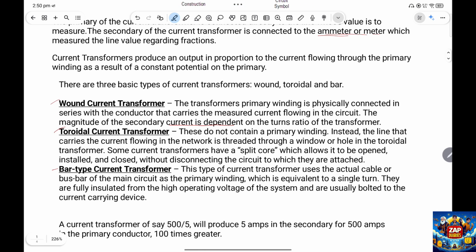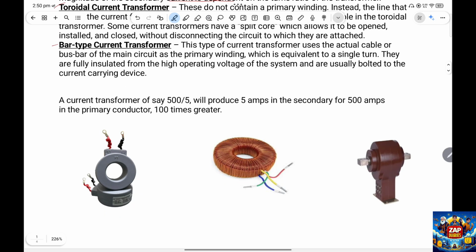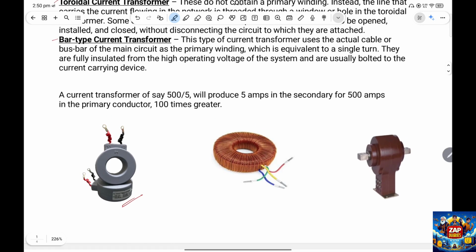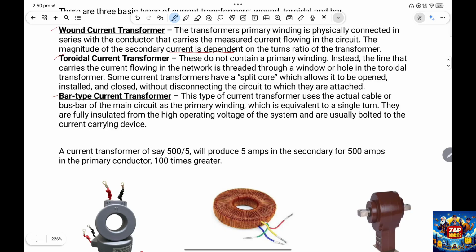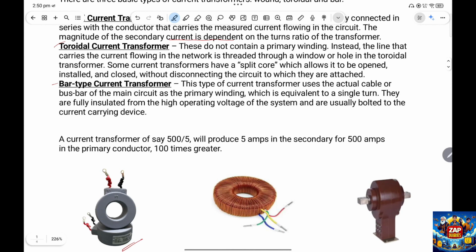Here we have the toroidal current transformer. How a wound current transformer looks like is, this one is a wound current transformer, and now we are discussing the toroidal current transformer. This does not contain a primary winding.